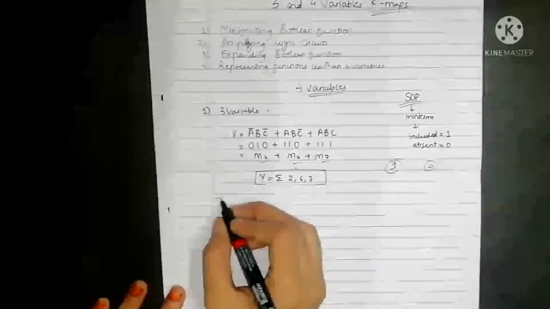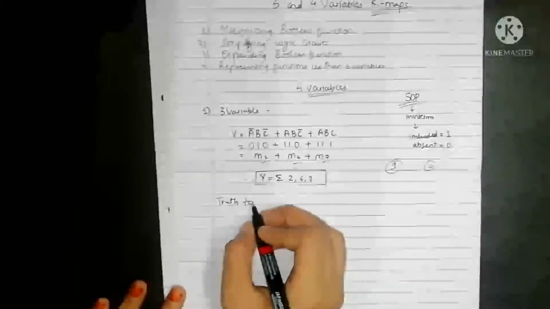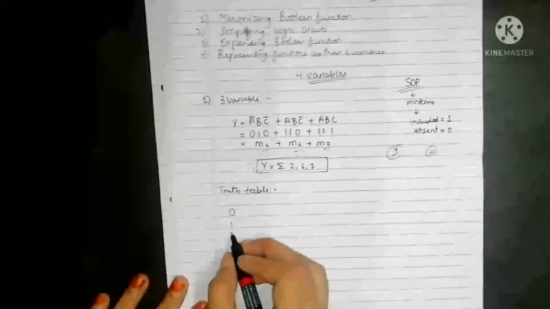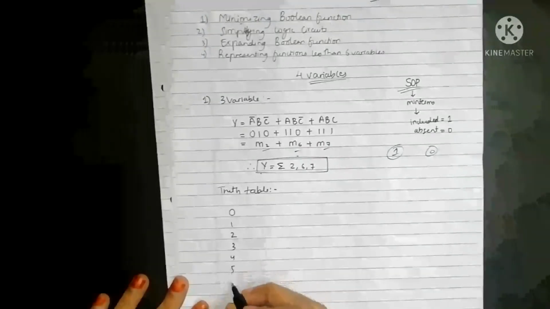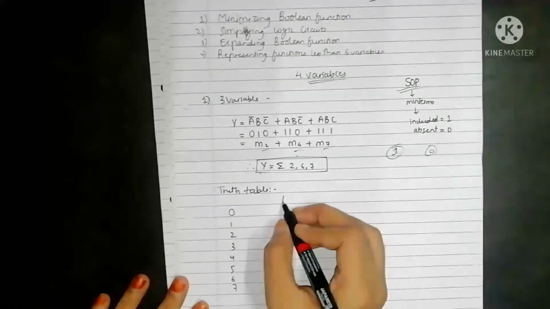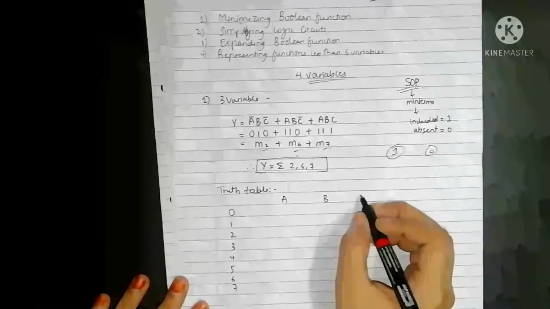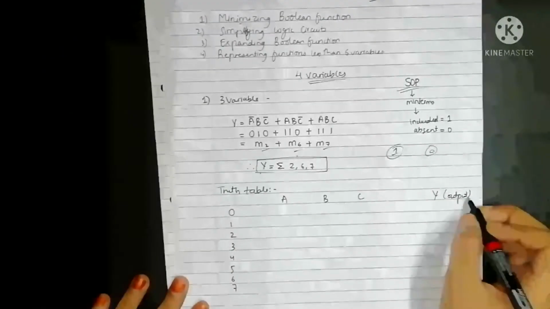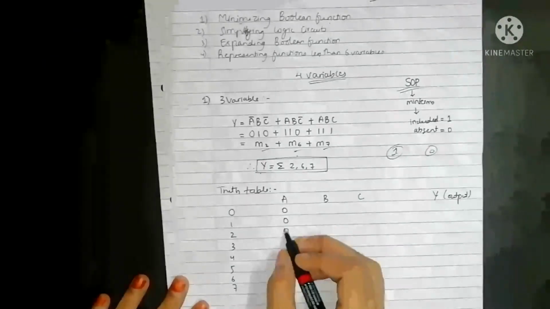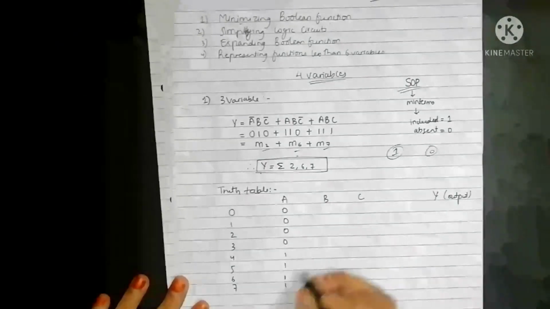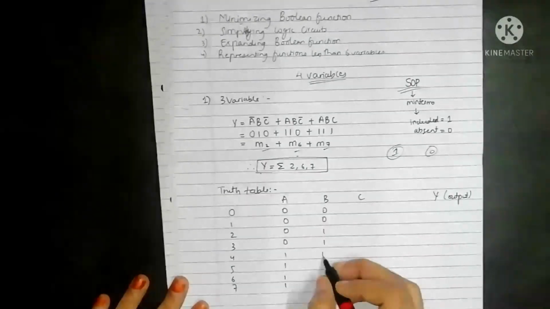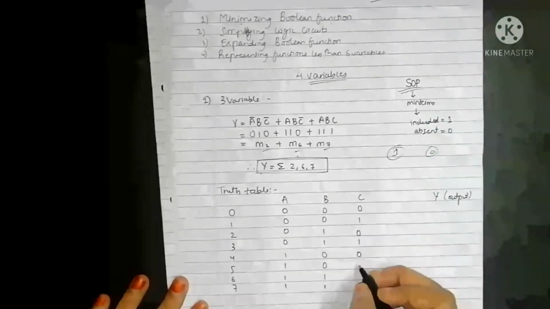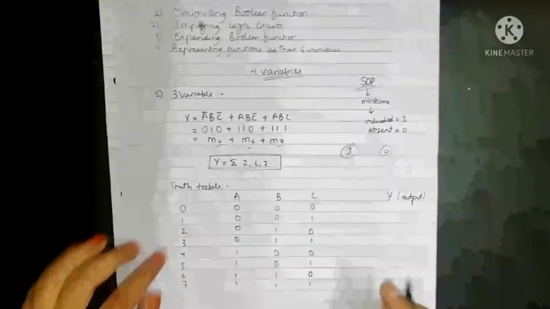So let's construct the truth table first. 0, 1, 2, 3, 4, 5, 6 and 7. Here are my inputs, that is A, B and C, and my output, that is Y. So it will have 0 0 0 0 1 1 1 1, 0 0 1 1 0 0 1 1, 0 1 0 1 0 1 0 1.